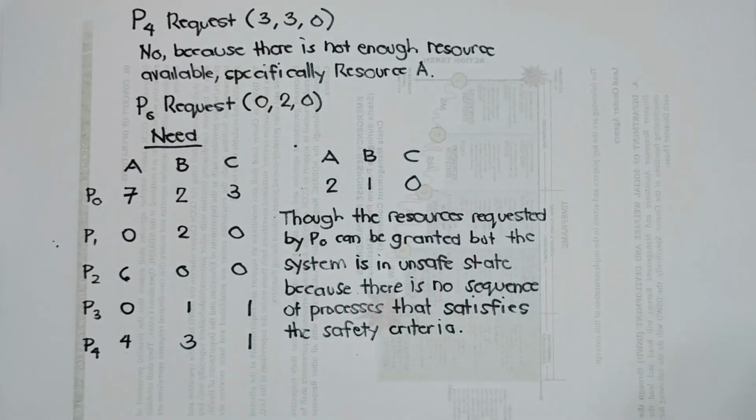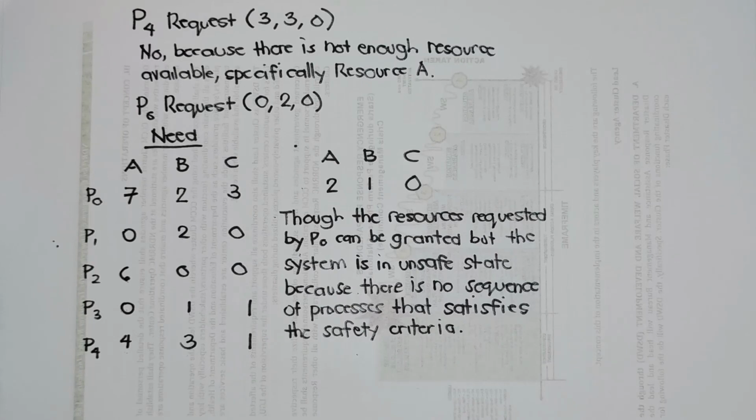So again, the reason is: though the resources requested by P sub 0 can be granted, the system is in an unsafe state because there is no sequence of processes that satisfies the safety criteria.